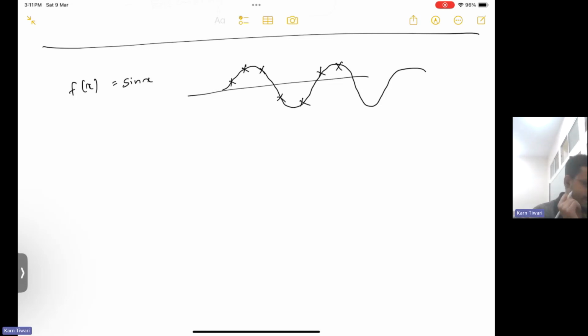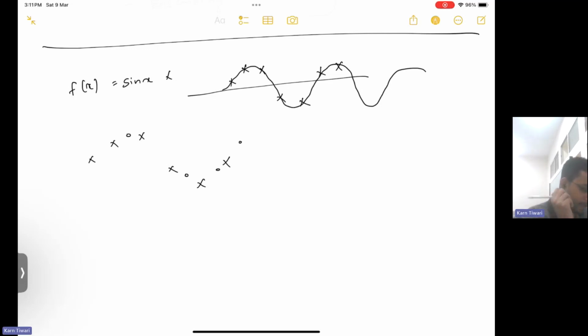So as this function is given, the underlying function was sin x, which I don't know. I don't have access to it. But I have access to the sample. So my data set looks something like this. And I want to know the true function, from where we can fit a curve which explains this. And suppose we have a testing data set as well.